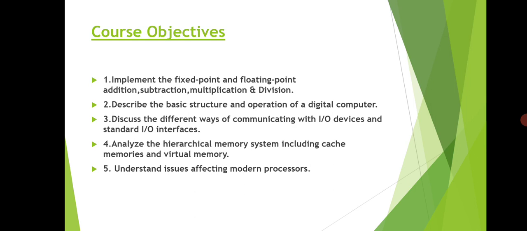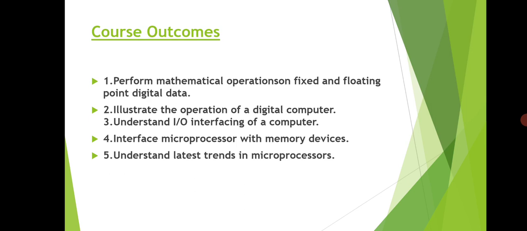So these are some of the course objectives. Coming to our course outcomes, at the end of the complete subject, you should be able to answer these course outcomes. The first course outcome: perform the mathematical operations on fixed and floating point digital data.